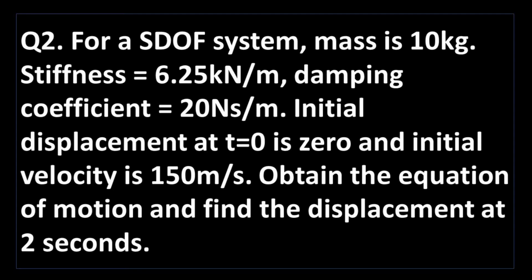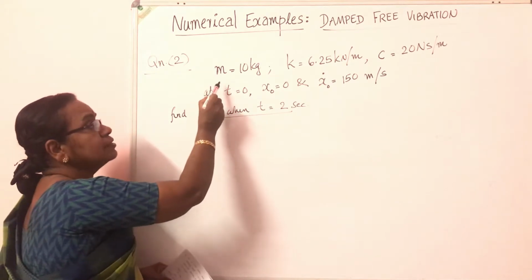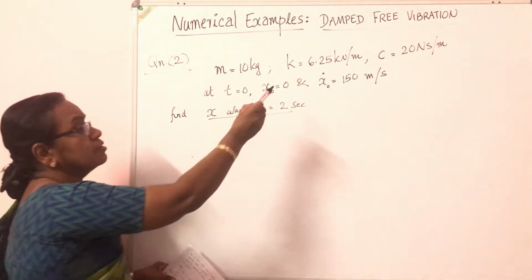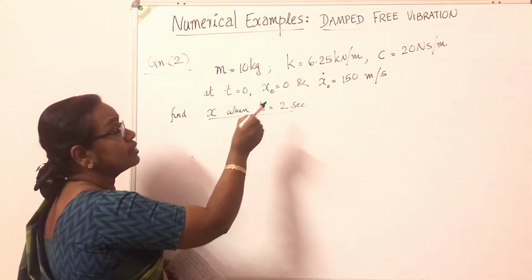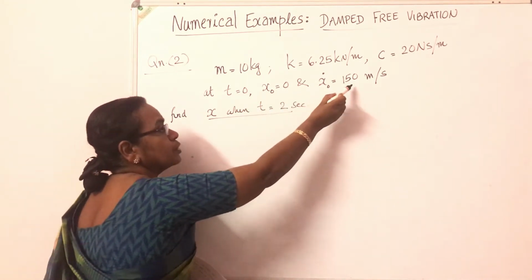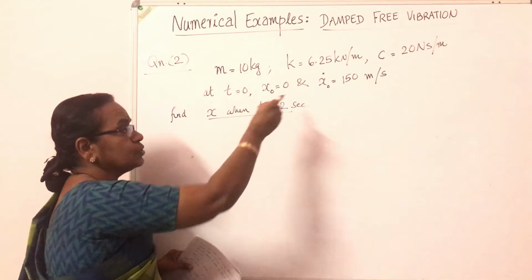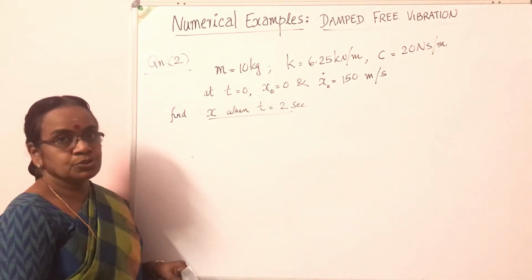Obtain the equation of motion and find the displacement at 2 seconds. So the given data are mass 10 kilogram, stiffness 6.25, damping coefficient 20 Newton second per meter. At time t is equal to 0, x0 equals 0 and x0 dash 150 meter per second. We are asked to find out the displacement when time t is equal to 2 seconds.